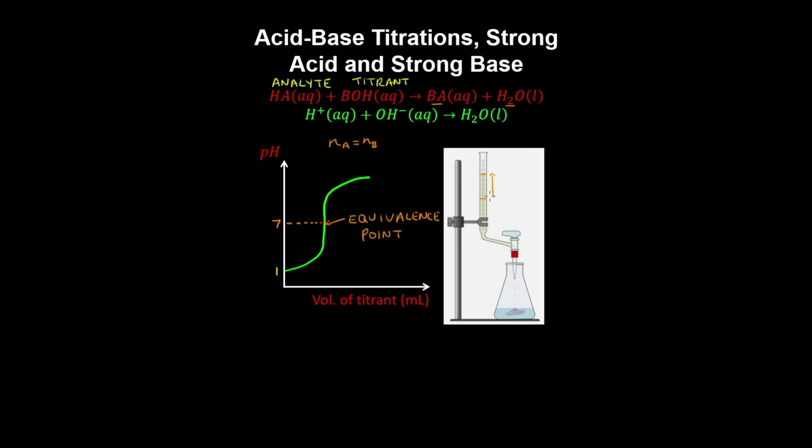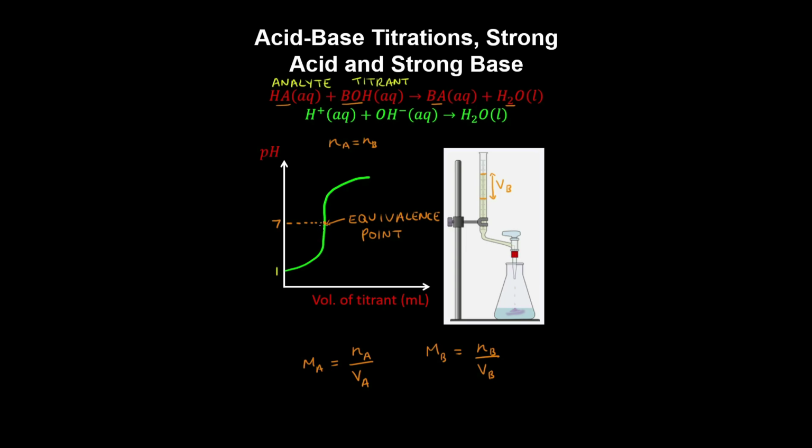And if we're using the known volume of the titrant, which is the base, for which we already know the molar concentration, we can calculate the number of moles of the base, and then using the mole ratios in the reaction, we can calculate the number of moles of the acid and divide that by the known volume of the acid that's already known to get the unknown molar concentration of the acid.